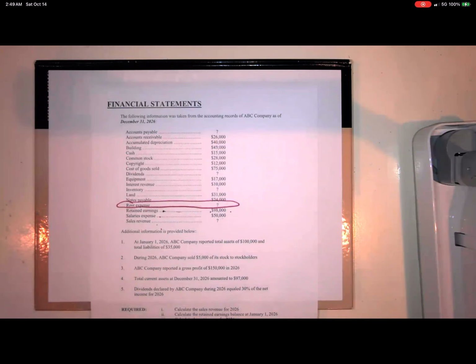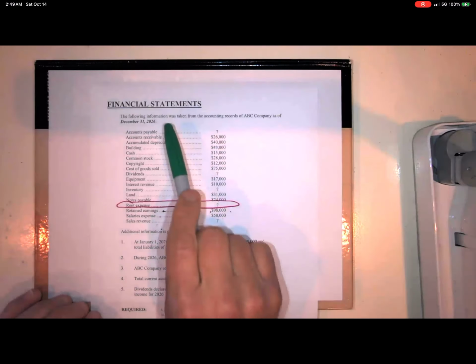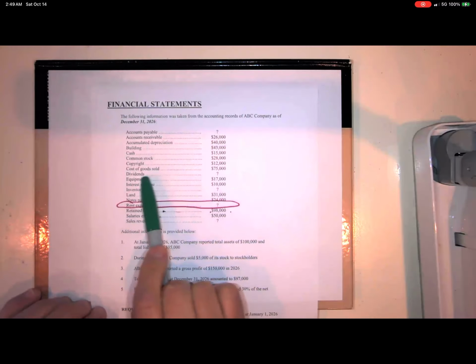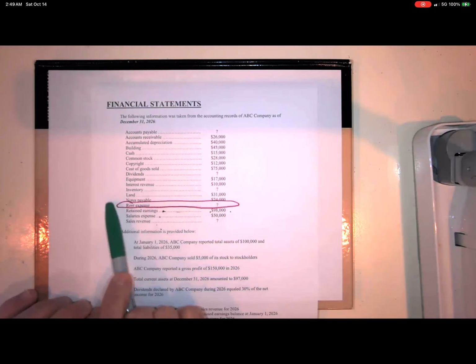So Zane, next question. In our problem, we have one other liability in addition to the accounts payable. What is it? Notes payable. Now look down the list for things that say payable. And oh my goodness, right there at about two-thirds of the way down, there is the notes payable.